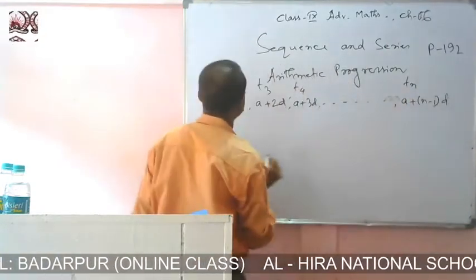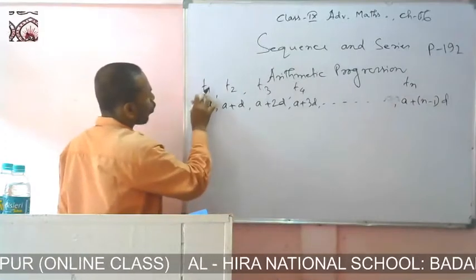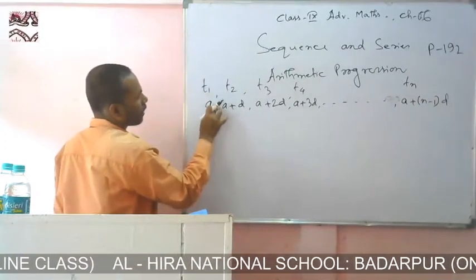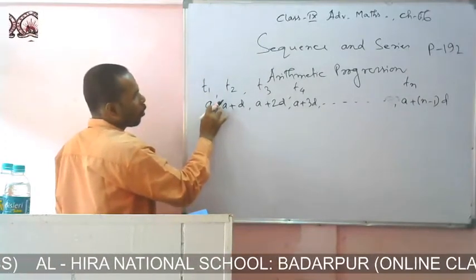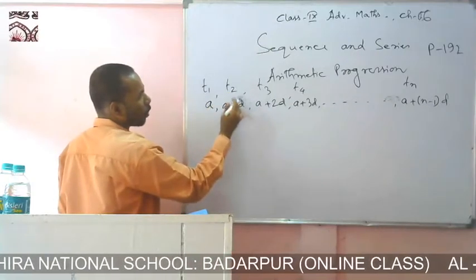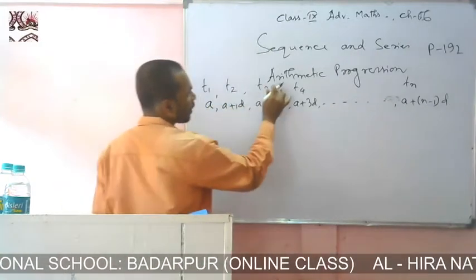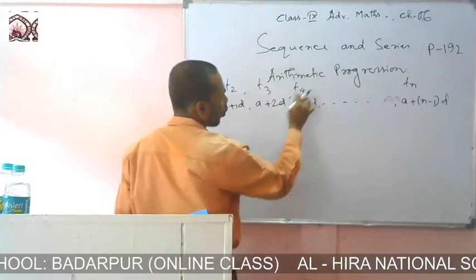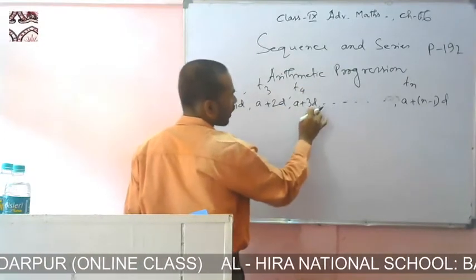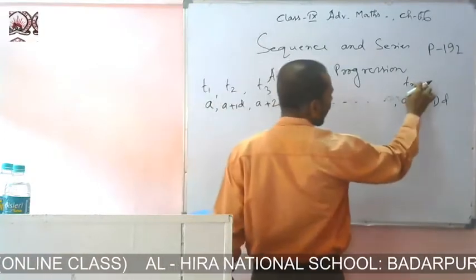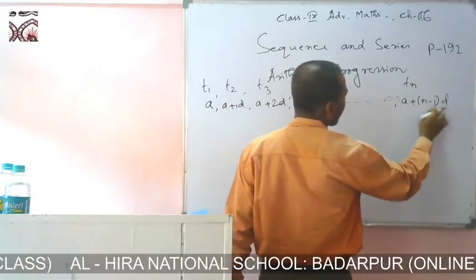So you see an interesting fact is there. When t1 then d is 0, when t2 then d is 1, when t3 then d is 2, when t4 then d is 3, and when it is tn then d is n minus 1.